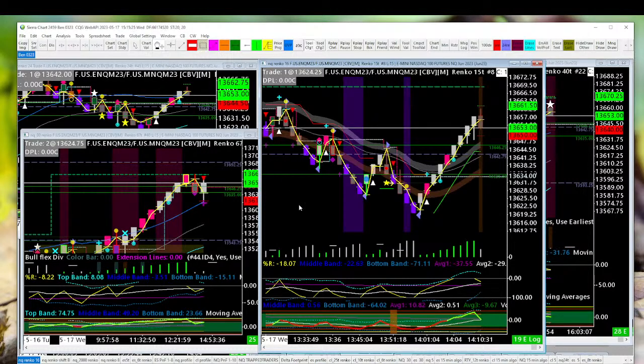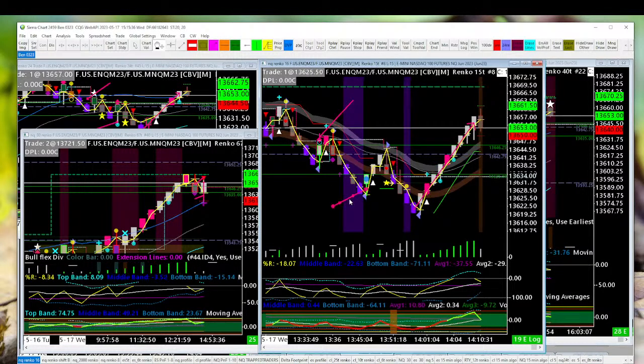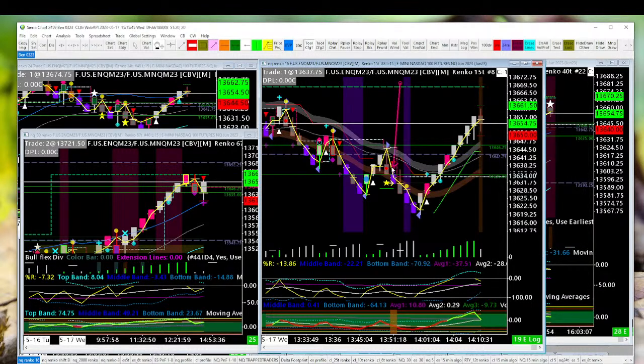So here we had this big buyer and this buyer both got reclaimed. And that typically means you're going higher when you reclaim those big buyers. And then the seller, who I followed in, has been trapped.